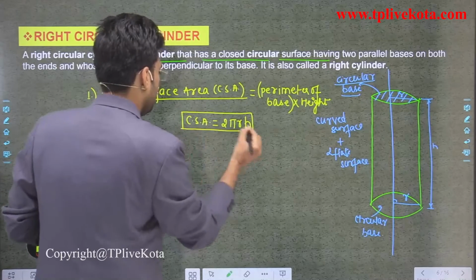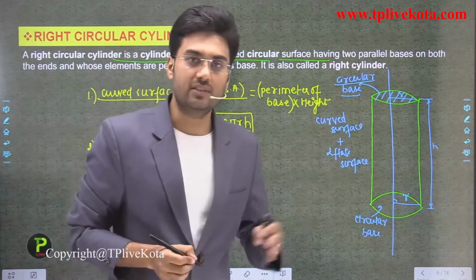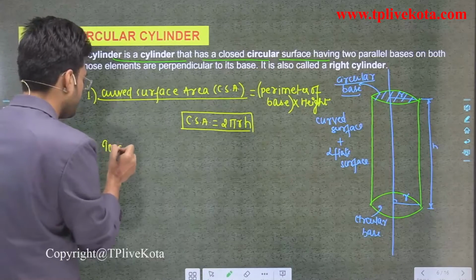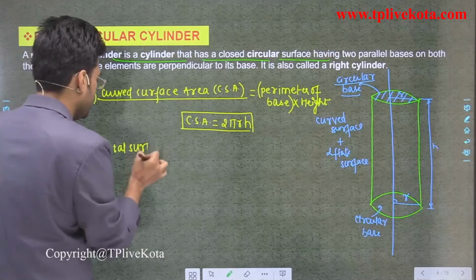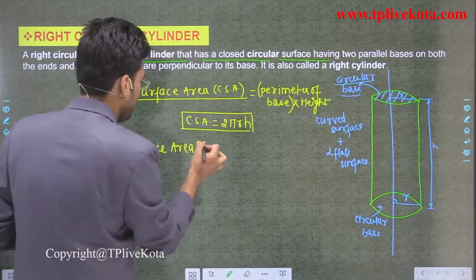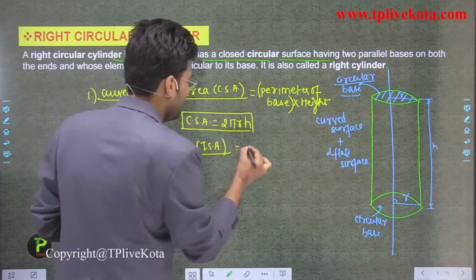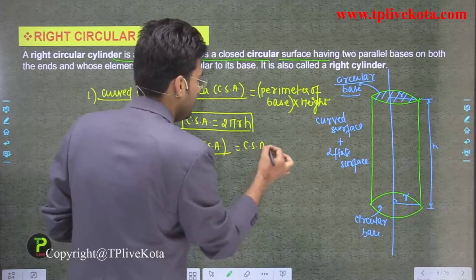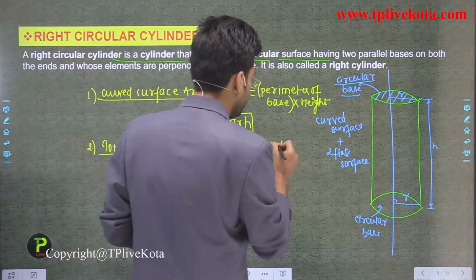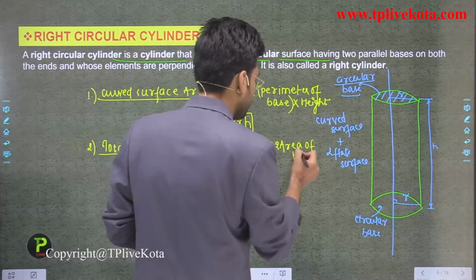Clear? Now the second is, because we have two flat surface areas here, we can find total surface area, and it is TSA. Total surface area is CSA plus area of two bases, so 2 times the area of base.